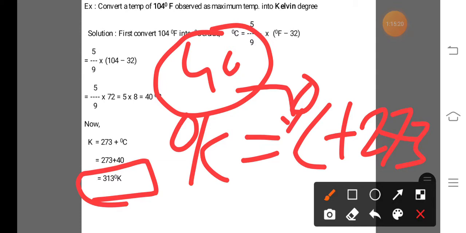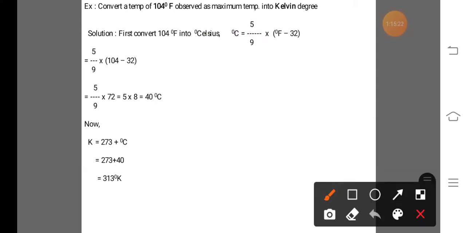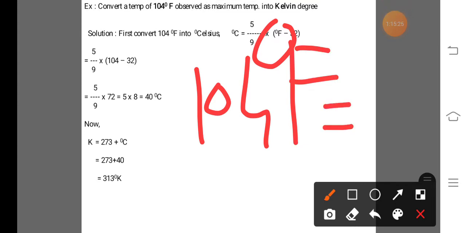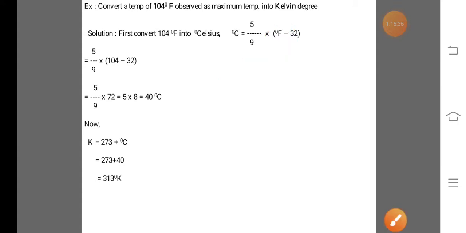That means when temperature recorded in the atmosphere is 104 degree Fahrenheit, it is equivalent to 313 degree Kelvin temperature. Like that, this is the temperature conversion formula.